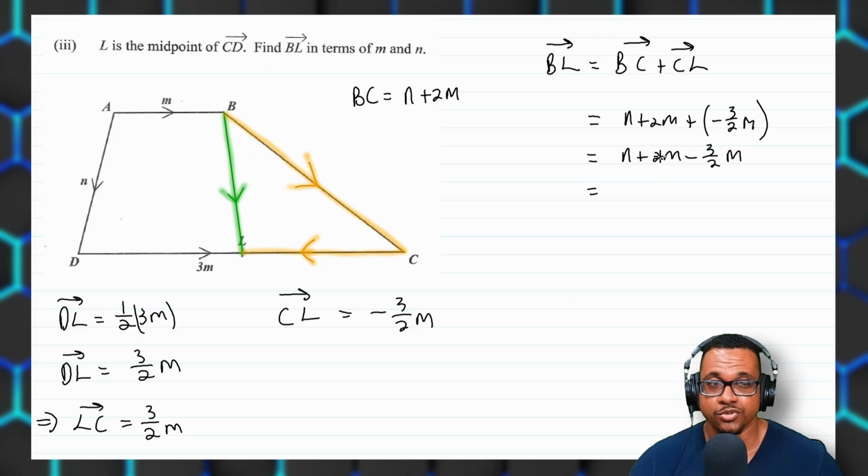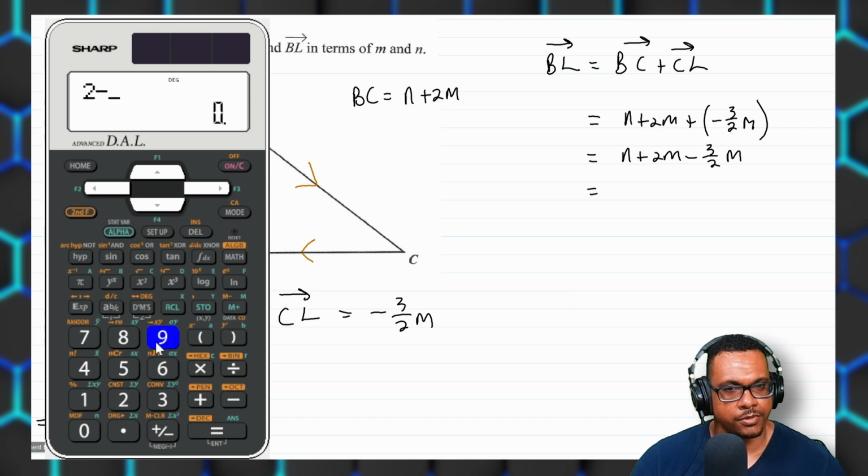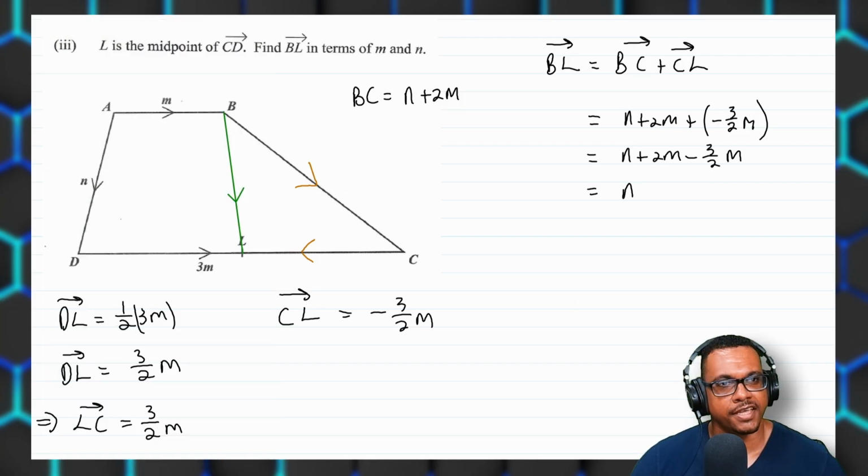This is really 2 take away 3 over 2. So we type in 2 take away 3 over 2, and we get a half. So that'll just be a half M. So we're going to have N plus a half M, and that's my vector BL.